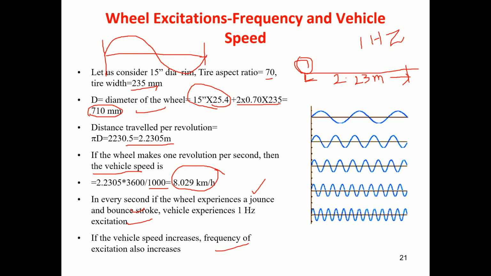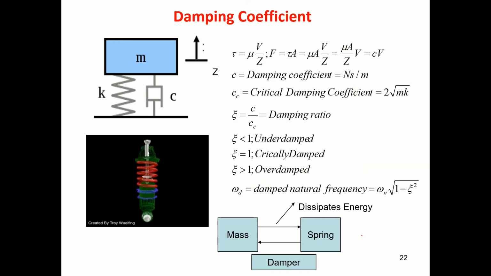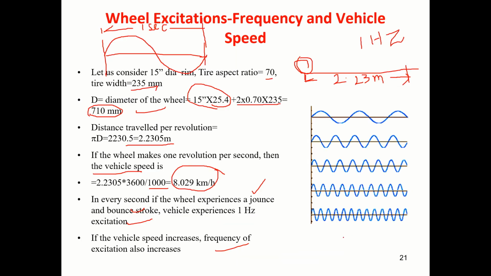If this happens in 1 second, your vehicle will be running at a speed of something like 8.023 kilometers per hour. As the speed increases, definitely the time decreases, and 1 by t, the frequency, increases. Right? So let us keep this idea for further discussion.